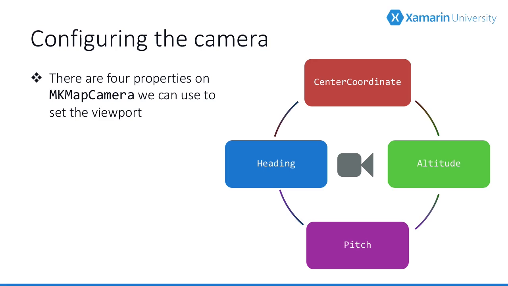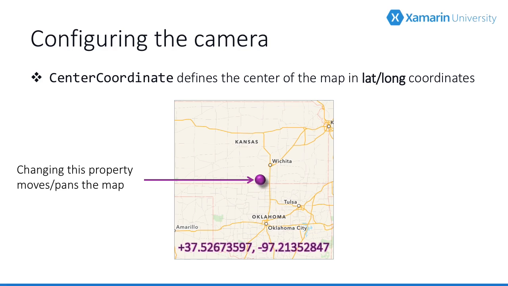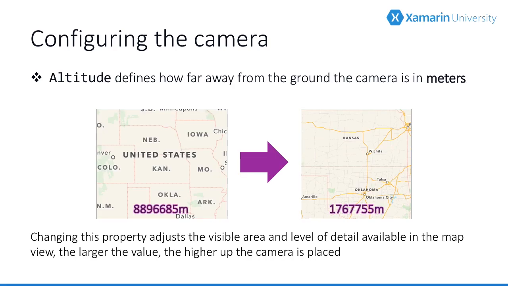So we're going to configure several different settings in order to get just the viewport that we want. Our center coordinate is pretty obvious. Our heading, our altitude, and our pitch are also things we're going to look at. So that center coordinate, well, that's what we're looking at. That's the point on the map that we are centered on. Our altitude ends up controlling the level of detail we see versus the big picture.